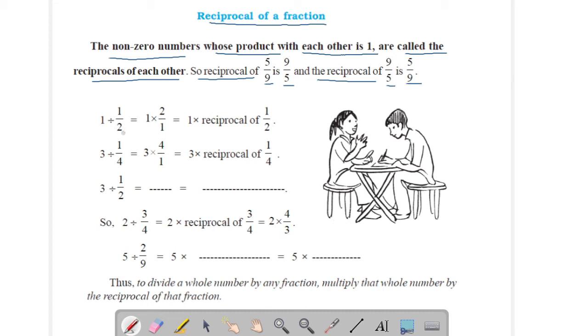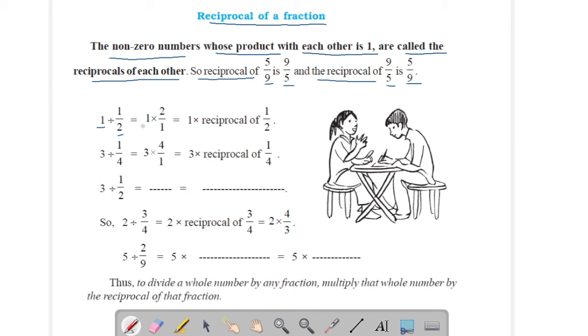Let us understand with the help of examples. See here, 1 divided by 1 upon 2. Here we change the division sign into multiplication and take the reciprocal of 1 upon 2. What is the reciprocal of 1 upon 2? It is 2 upon 1.